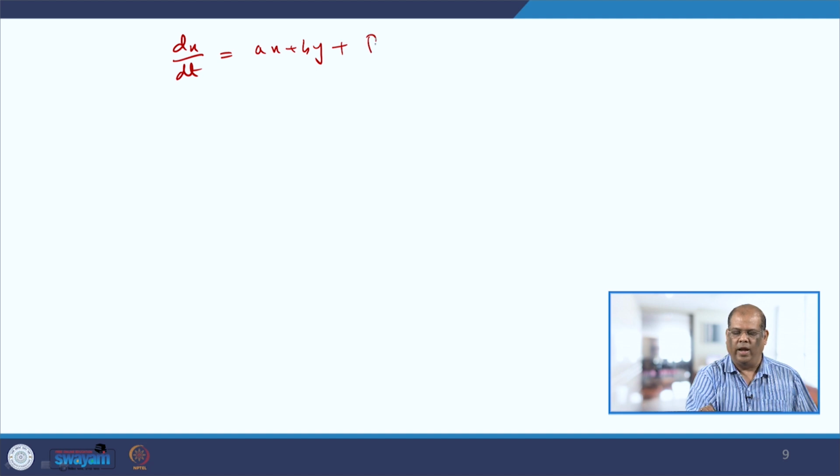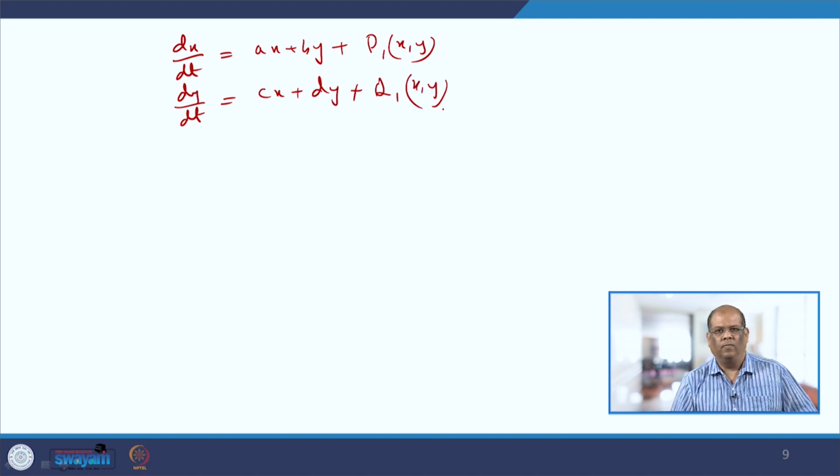The important question here is that you have a system which is nonlinear. However, you are linearizing the system, you are doing some analysis, and you are concluding on the linearized system. You say this linear system is a node or this linear system is a stable spiral, and then you conclude that on the nonlinear system.